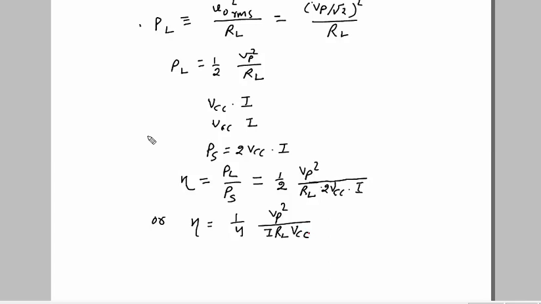Okay, now we know that Vp is a peak value, so Vp is always less than or equal to VCC, and also Vp is less than or equal to I RL.